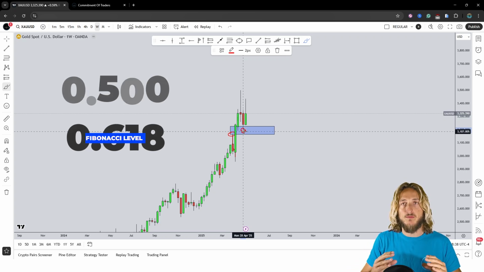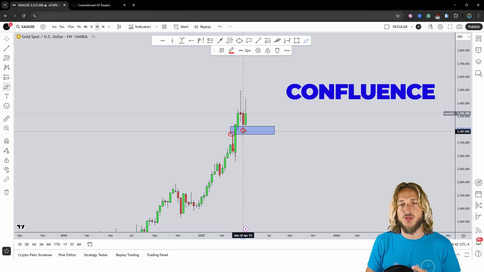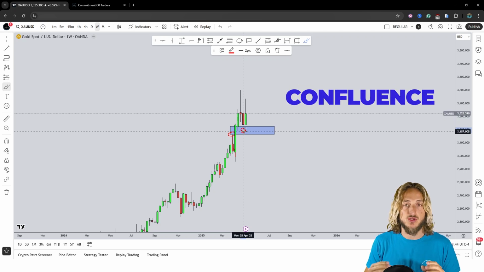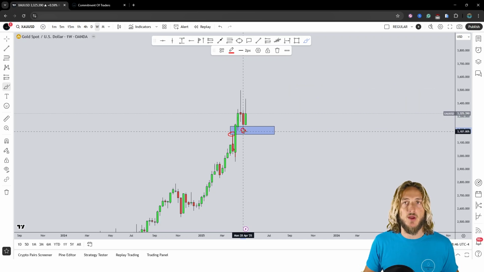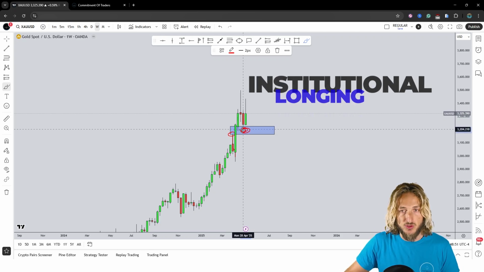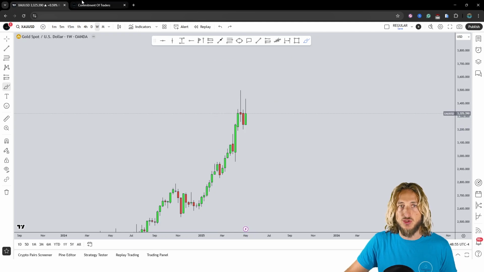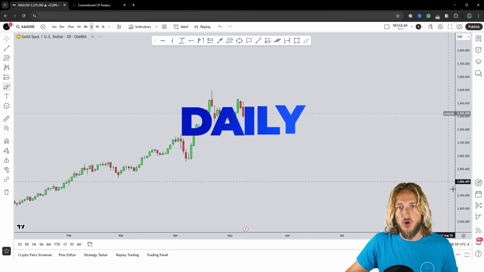Confluence of support is when you have multiple layers of support lining up in the same area of price, and you have an increased probability of seeing institutional buying inside of the zone, which again, we will be speaking about in just a few moments. But for now, let's keep all of this in mind and drop down to the daily time frame.